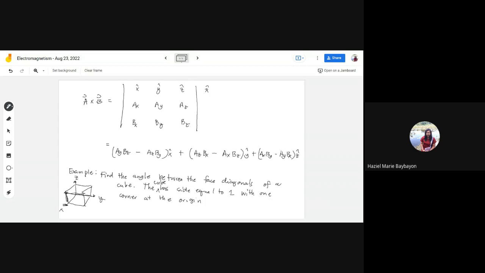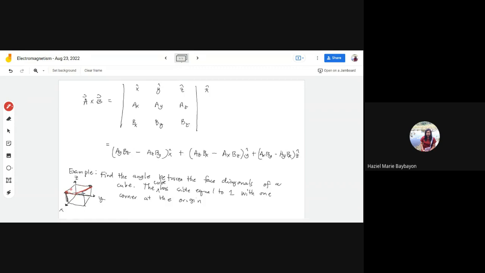Kining naa siya sa XZ plane. And then the other diagonal nga atong i-consider is kining naa diri sa YZ plane. So this one. Let us redraw it. And then the other one is naa siya diri sa YZ plane, sa pinakalikod nga part.